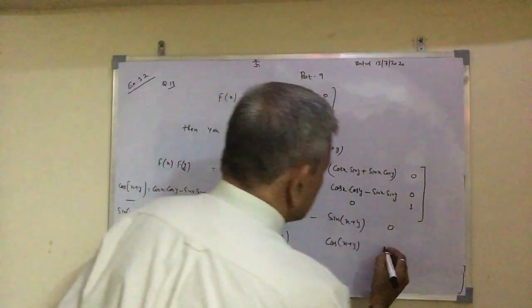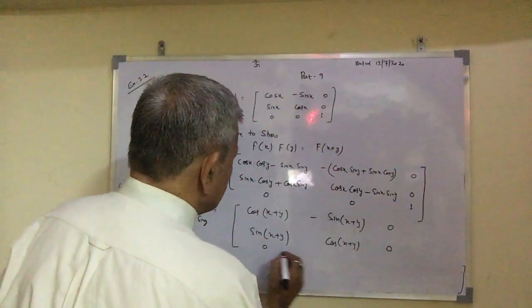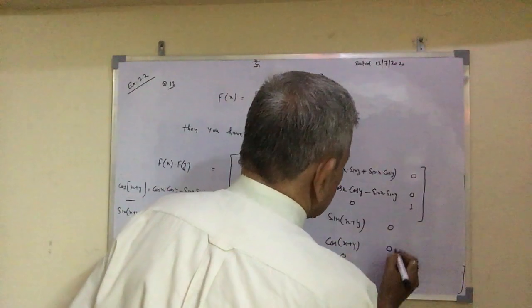So your value goes off to 0 and here is your 0, 0 and 1.